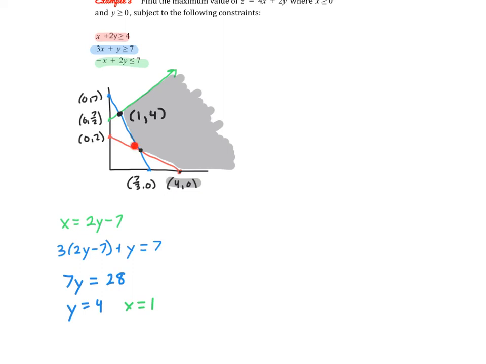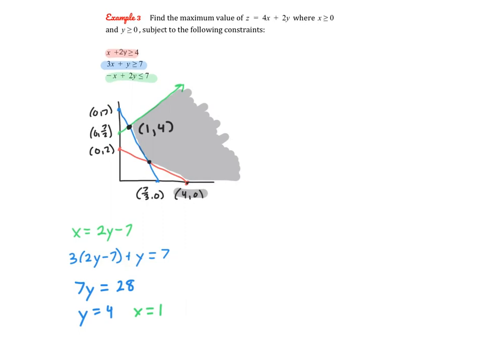And then to find this coordinate, I can see that we need to solve the system between blue and red. So I'm going to start with our red equation, and I'm going to solve for x, and substitute that into blue.